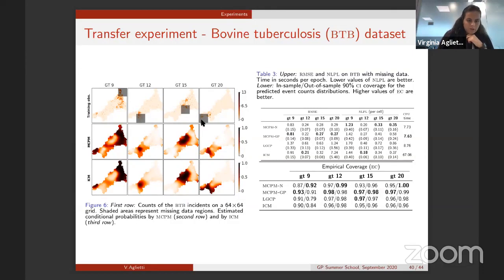What we seem to observe, though again these models are quite similar in this case, is that in this specific shaded region, the missing data region, the intensity function for the MCPM seems to be quite close to 0, while it seems to be a bit closer to the data for the ICM.